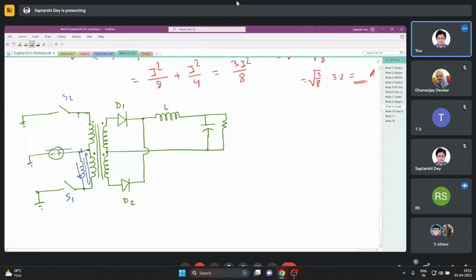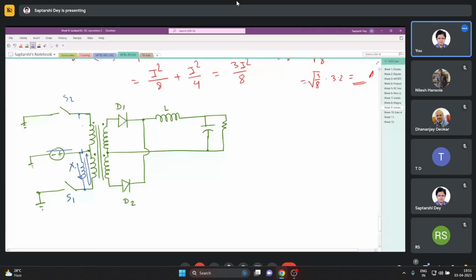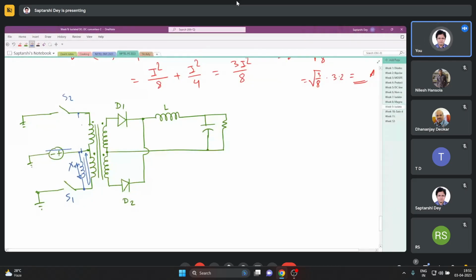But now, after the magnetizing inductance, say this XM, what we have is a real transformer. So if there is a current flowing through here, it must get reflected in some other winding, right? Now you see, this is reducing. This current is flowing like this, and it is reducing.